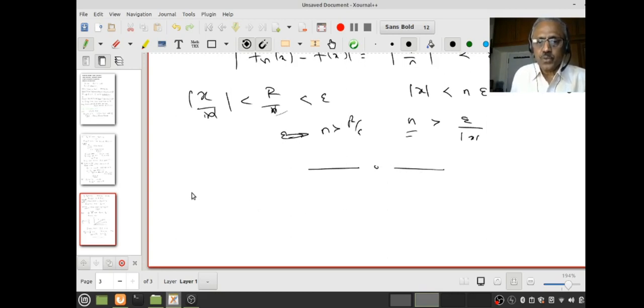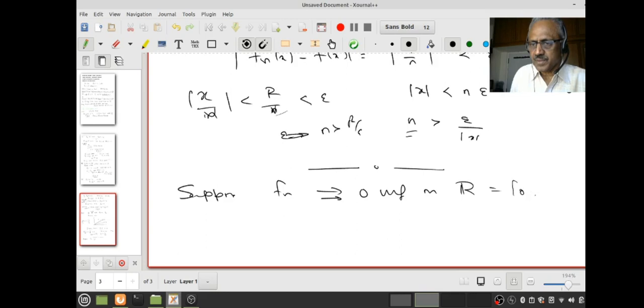What does it say? Suppose f_n converges to 0 uniformly on 0 to infinity. That means if you give me some epsilon, let us say epsilon equal to half, you will see why. I will come to that in a minute. It could be any epsilon, but I'm just saying epsilon equal to half.